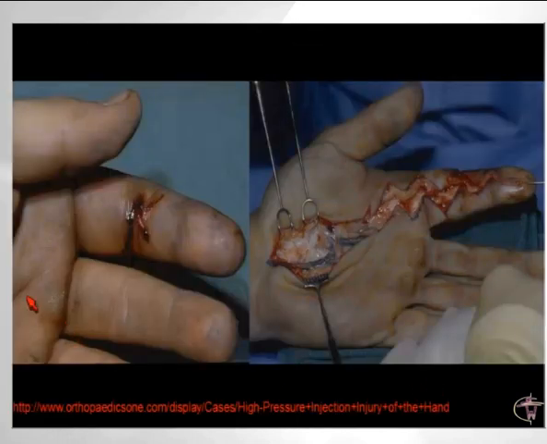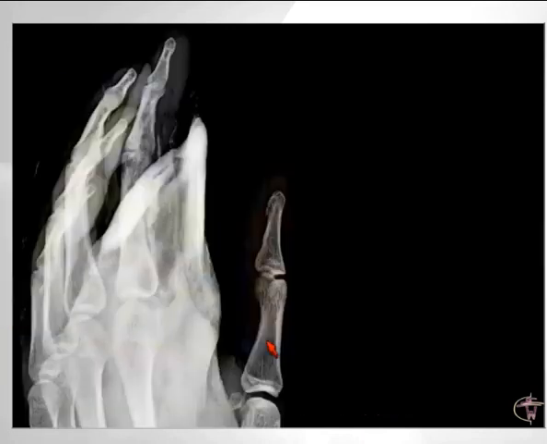Here's another example, very small skin defect, but when the debridement is performed, you have a long incision ranging from the fingertip all the way back to the wrist. This is the full extent where the exploration has to occur.